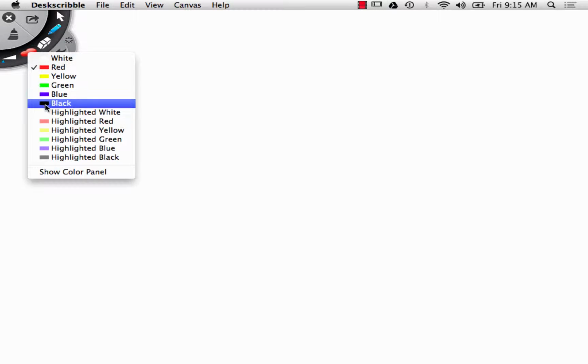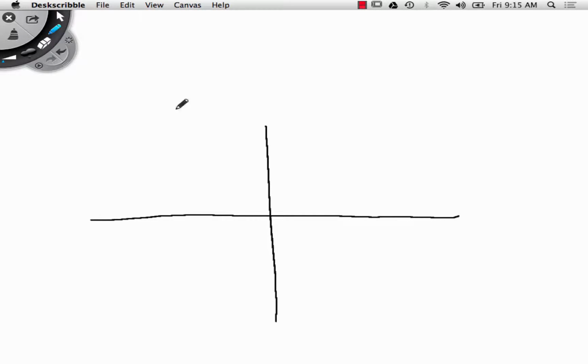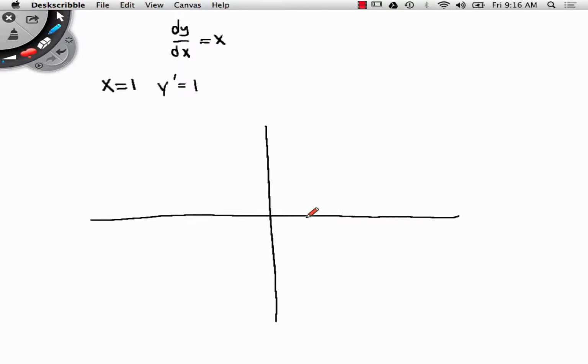All right, let's go back and fix that again. So I've got my y-axis here, my x-axis. I've got dy dx equals x. At x equals 1, we're agreed that the slope is 1, correct? Let me try to do this again without erasing it.